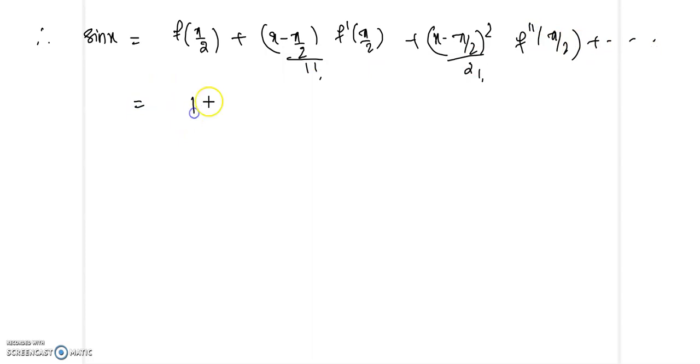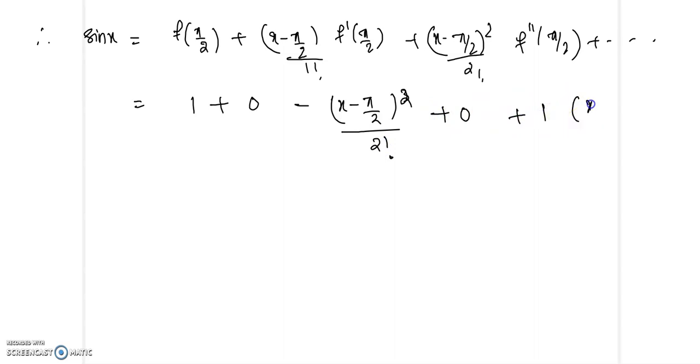So first term will be 1, second term 0, third term will be minus 1 into x minus pi by 2 whole square by 2 factorial. The next term is 0. Then you have 1 into x minus pi by 2 whole raised to 4 by 4 factorial.